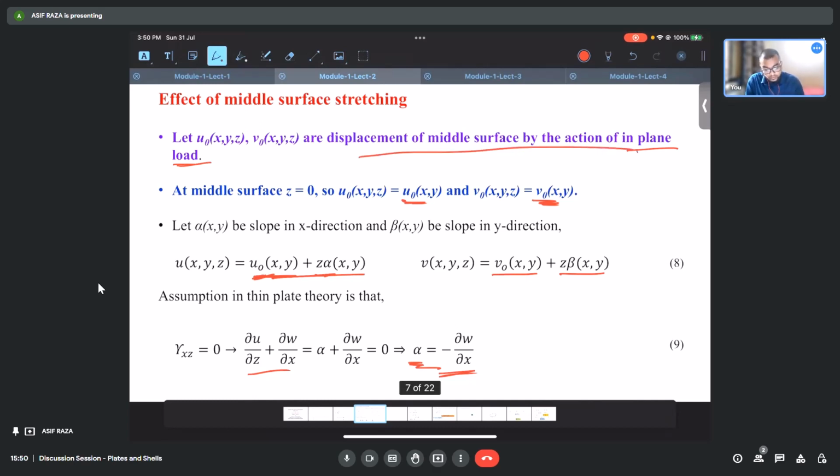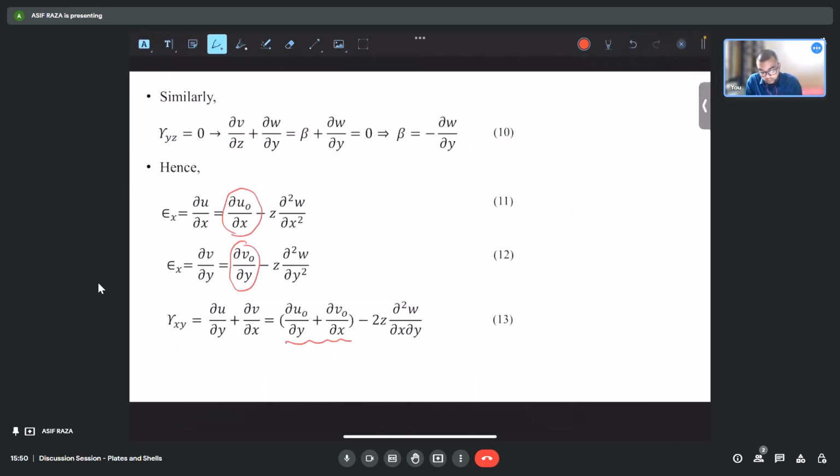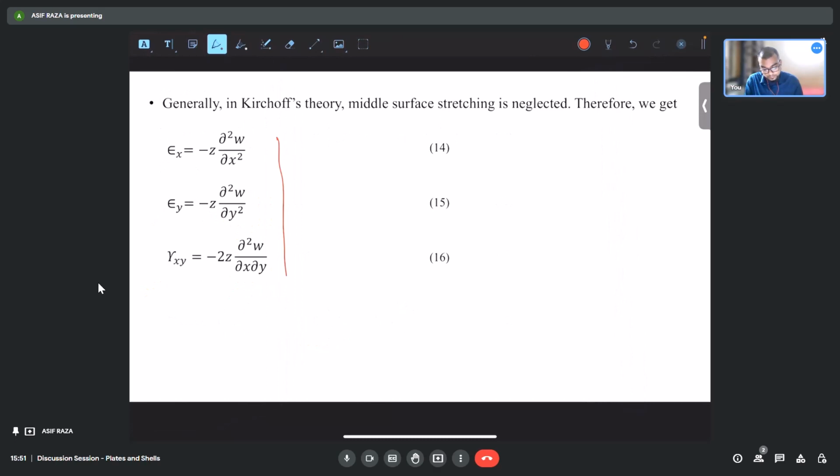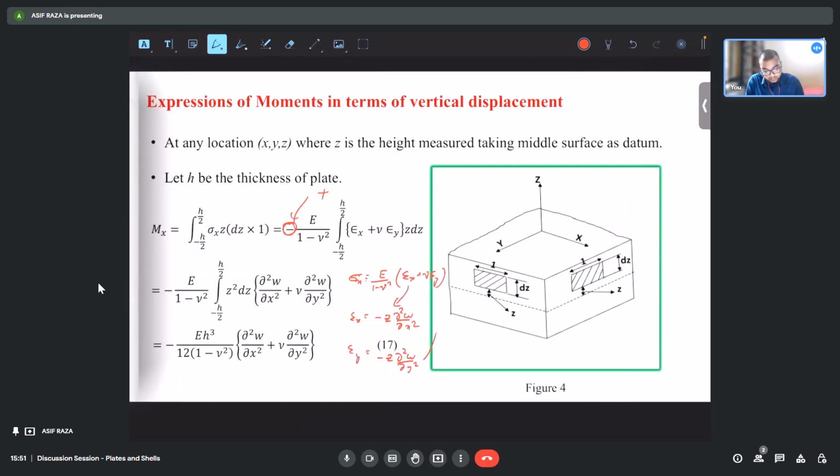This does not affect the equation much, only the shear strain has an additional term, ∂u naught/∂x, ∂v naught/∂y. But in Kirchhoff theory, we neglect the middle surface stretching, and ultimately it reduces to these equations, equation numbers 14, 15, and 16.